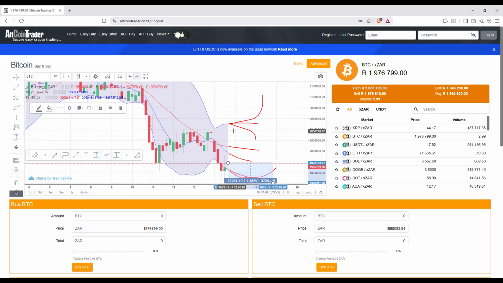But if it recovers, let's see what the percentage is now to get to the first moving average. We're on 0.8%. To the second moving average, which is the Bollinger Band's moving average, almost 1.5%. For it to get to the top of the Bollinger Band, we are looking at 3.62%.